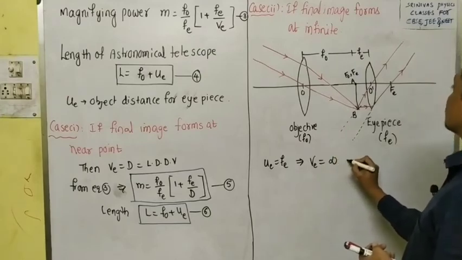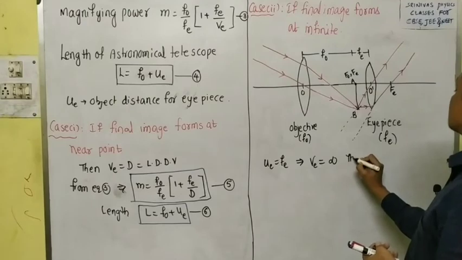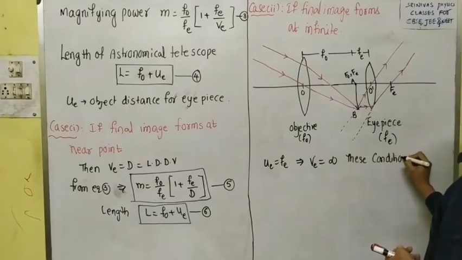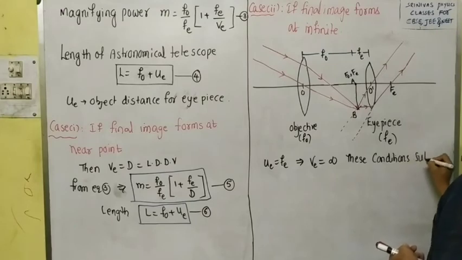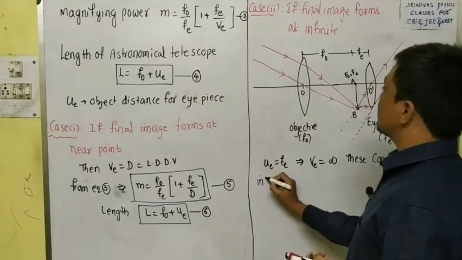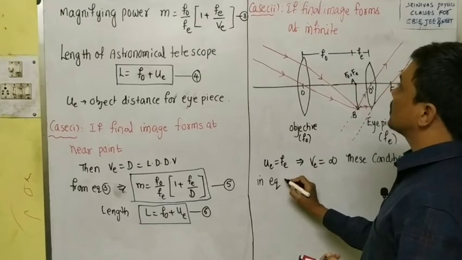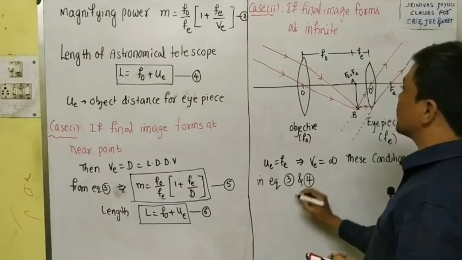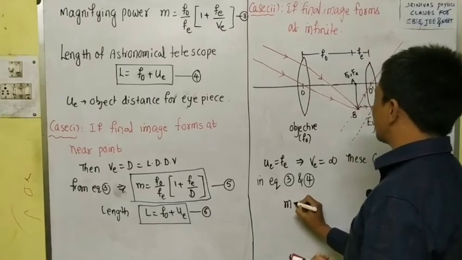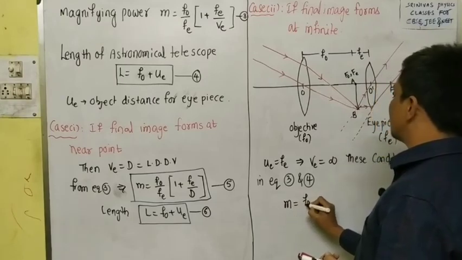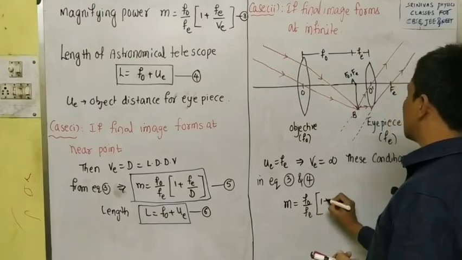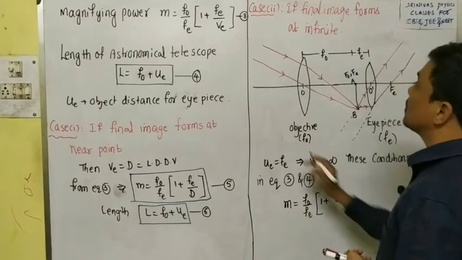Then these conditions are substituted in equation 3 and equation 4. What will you get? The m, from equation 3, we will get as F0 by Fe into 1 plus Fe by Ve.